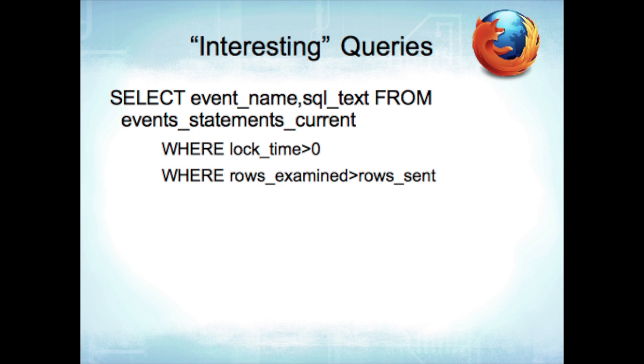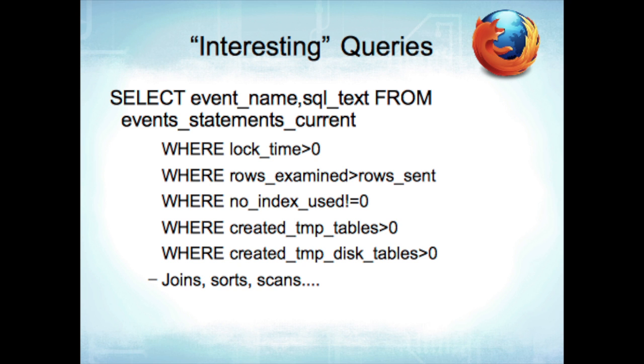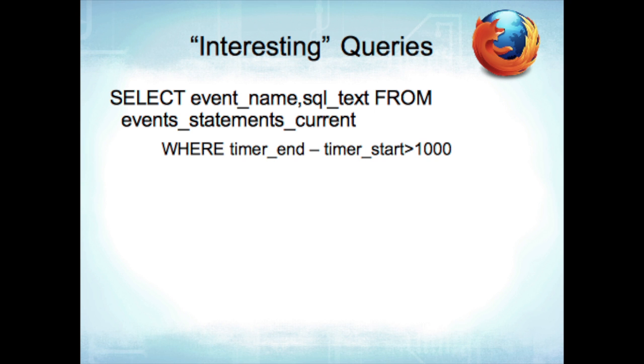Where rows examined is more than rows sent. I want to examine as little as possible and send them all. Where no index used is not 0. Created temp tables, created temp disk tables, if they're greater than 0, you can find all of this information just by this easy query on a table. Joins, sorts, scans. You can find everything that's slow.